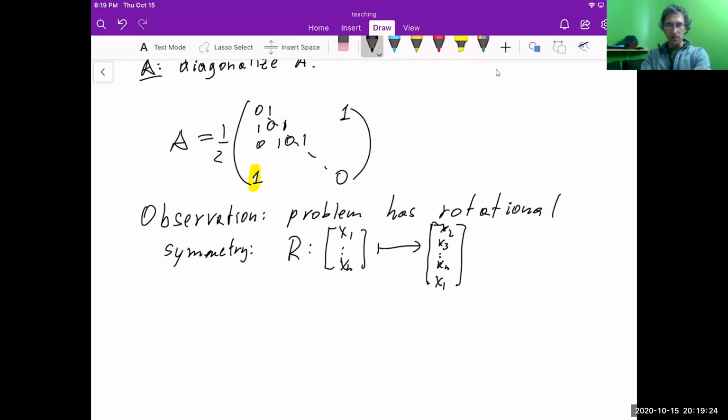So if before doing my operation I rotated and then rotated back, that's the same as doing my original operation. In other words, it means that your operator A has the property that if you conjugate it by R, it is still A. So that's the mathematical way of expressing that my problem has a symmetry.